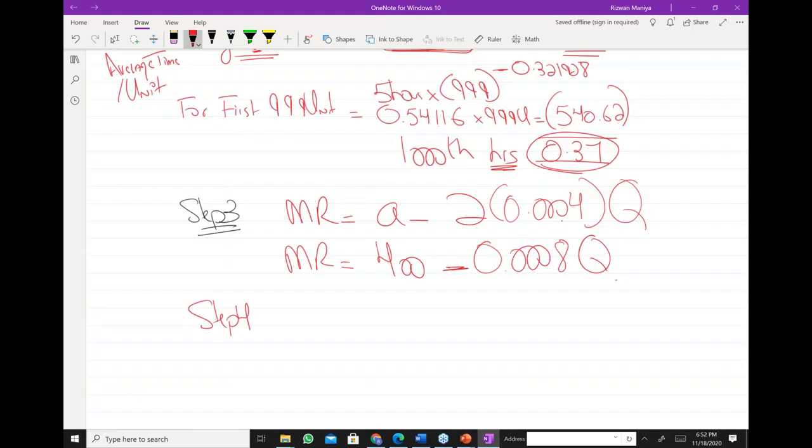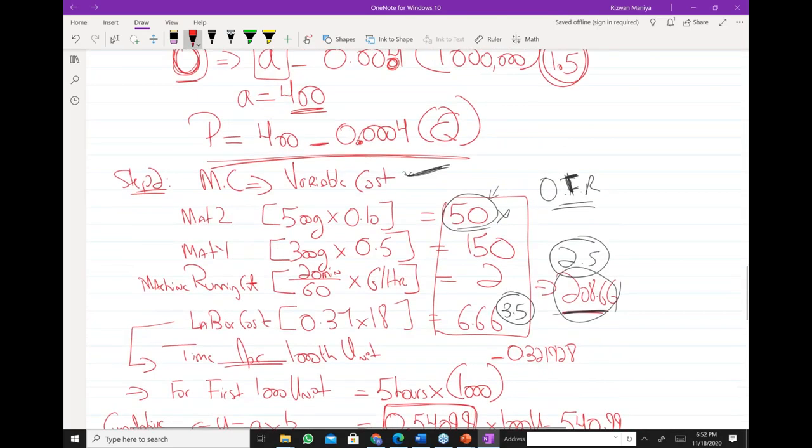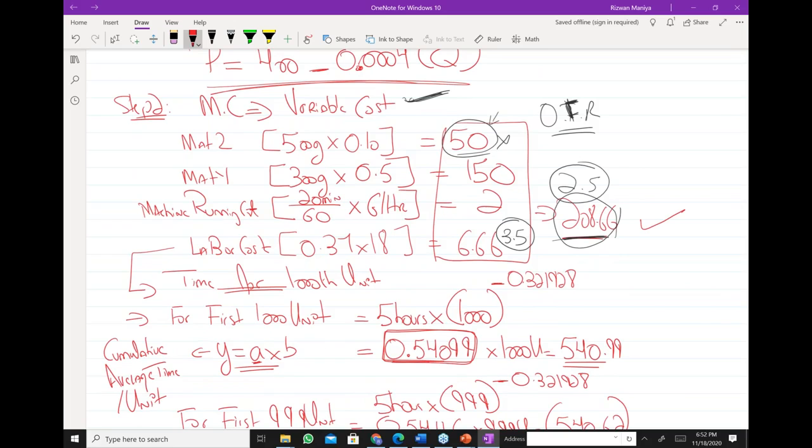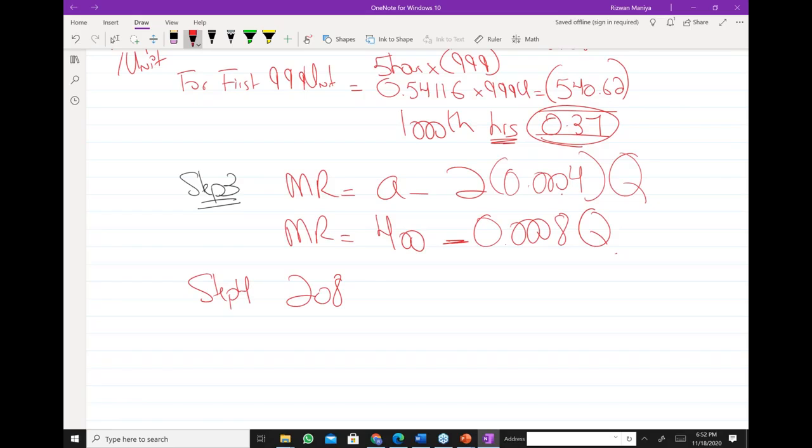So how much is marginal cost? Do we know marginal cost? Yes, it's 208.66, right? So 208.66. We have replaced MR with MC. Okay, we have replaced MR with MC. 400 minus 0.0008Q.